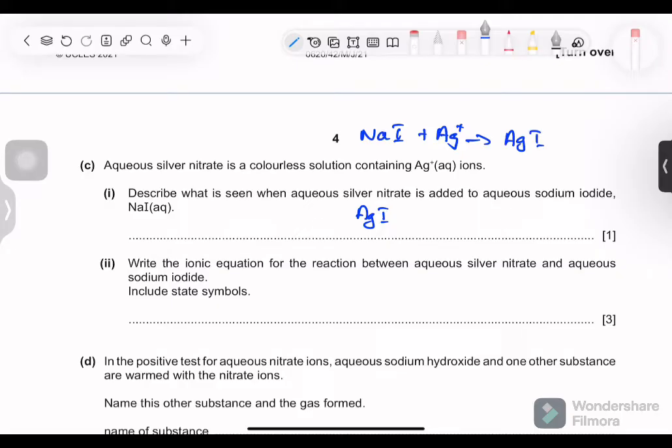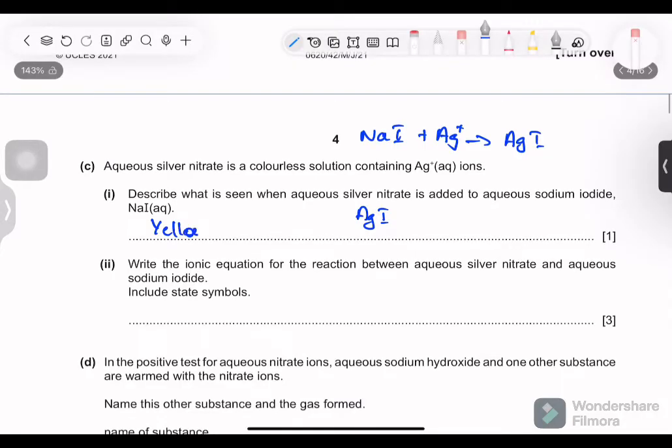So this is a yellow precipitate. If this was silver bromide, it would have been a cream precipitate, and if this was silver chloride, AgCl, it would be a white precipitate. So this is also available in your notes for qualitative analysis in your syllabus.